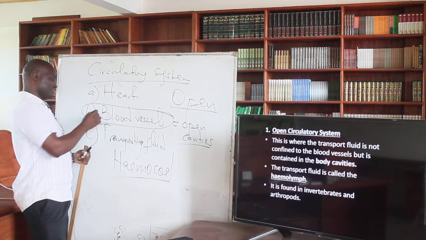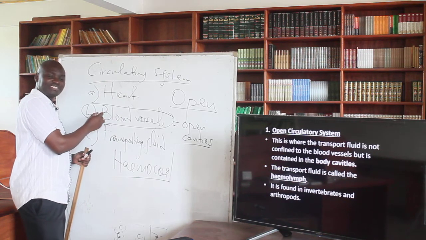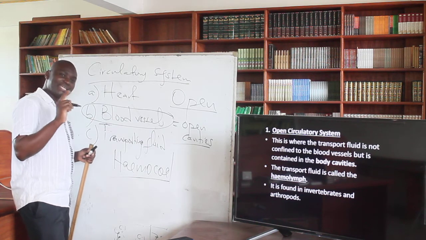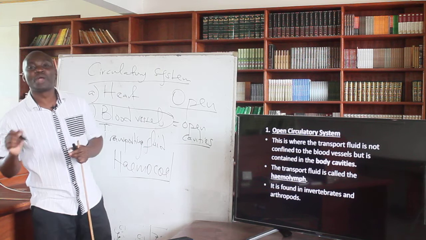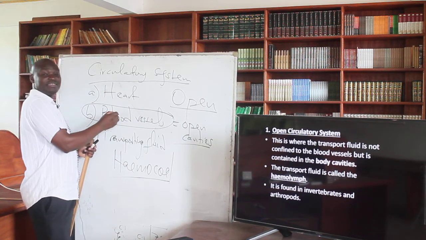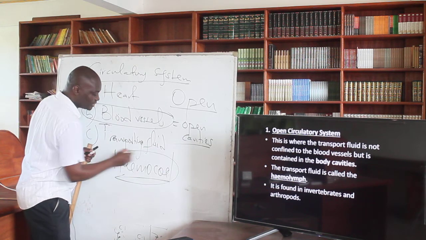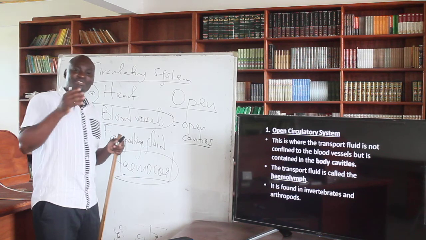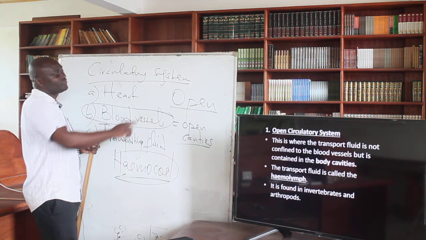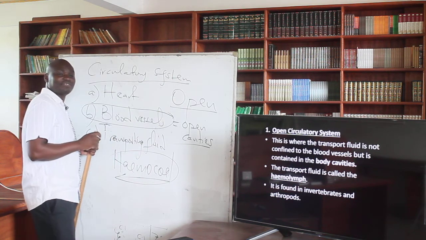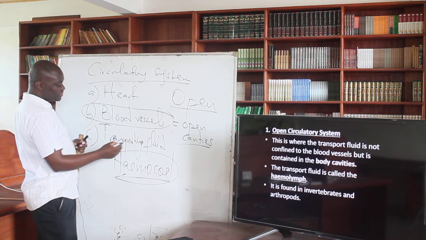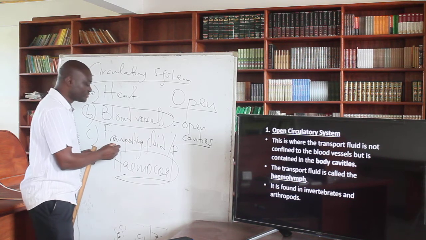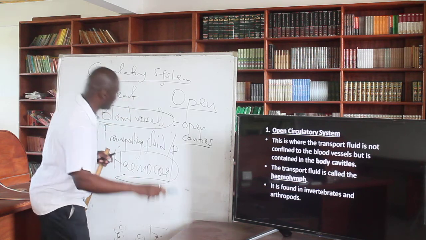So for us, like human beings, we have the blood vessels, arteries, veins. But for an open circulatory system, the organism lacks the vessels. They have body cavities, which we call hemocoel. Most of the organisms with an open circulatory system do not have blood, but they have a transparent fluid that we call hemolymph.